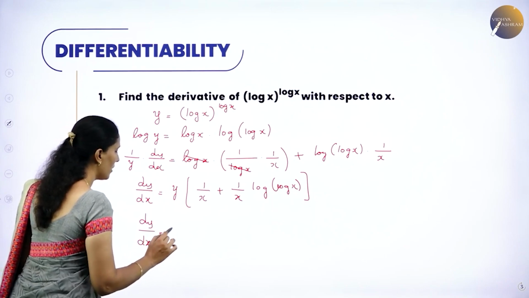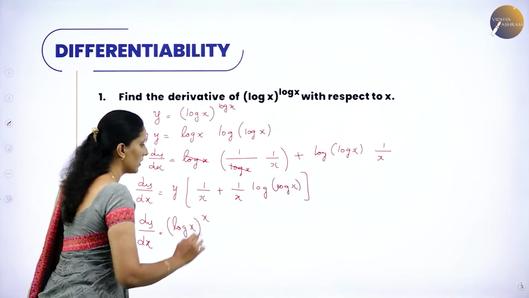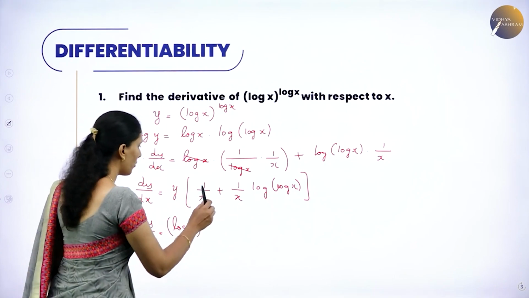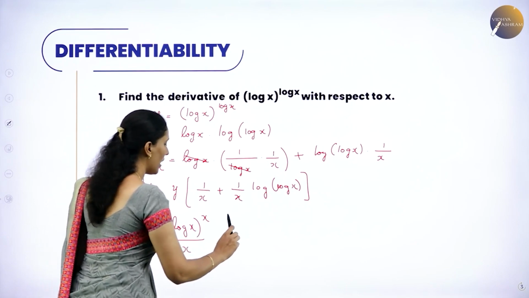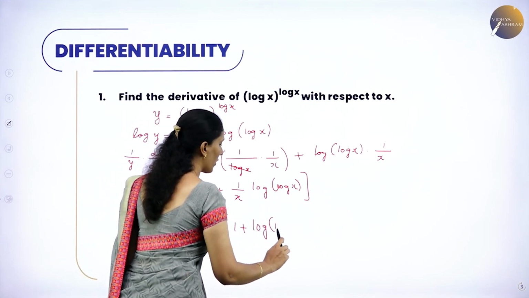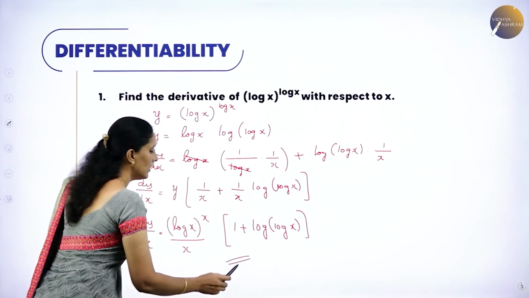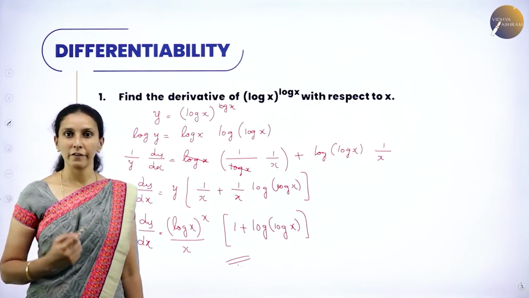So what is y? Log x to the power x. And in both the terms, you have 1 by x as a common factor. So if you take 1 by x as a common factor, it comes to the denominator here. And here it becomes 1 plus log of log x. Thus, this is the derivative of the given log x to the power log x function.